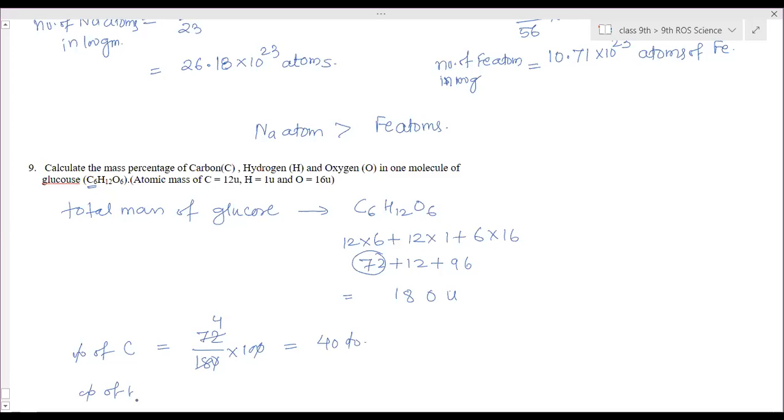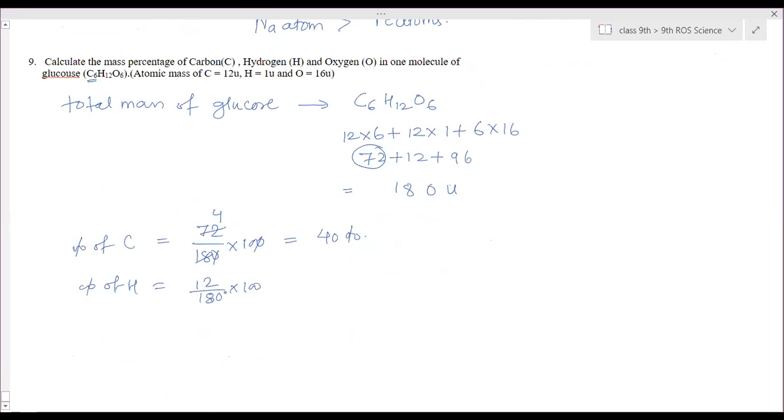Percentage of hydrogen. How much is the mass of hydrogen? 12 by 180 into 100, which is 20 by 3, 6.67%.